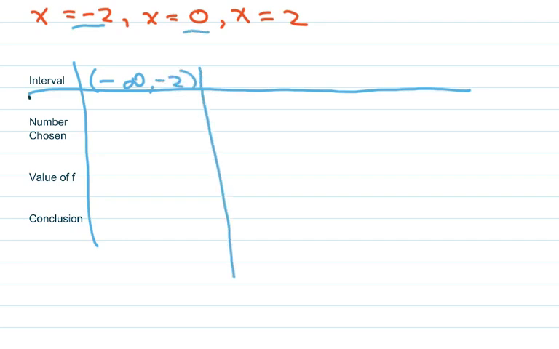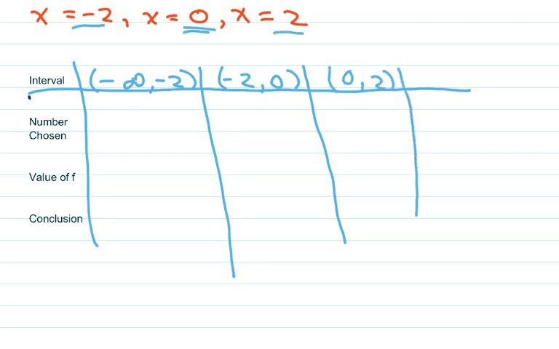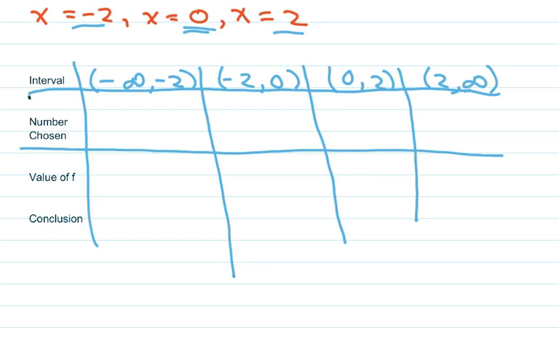Then I'm going to look and see what's going on between negative 2 and 0. I'm going to look what's going on between 0 and 2. And I'm going to look at what's going on between 2 and, well, actually the right side of 2. Alright. And I get to choose numbers in these intervals. And so what I chose is negative 3, negative 1, 1, and 3.